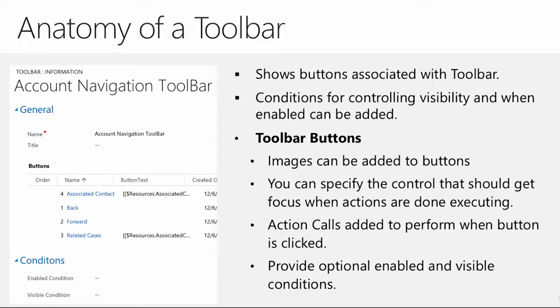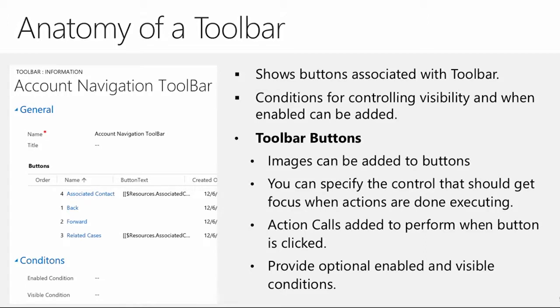When you create the toolbar itself, one of the biggest things you're going to see is the buttons area. When you start adding buttons, the buttons area defines what that's going to look like inside the application itself. Now, much like you would see from a Dynamics 365 perspective with the command bar, each one of these toolbars can have visibility conditions associated with it as well.